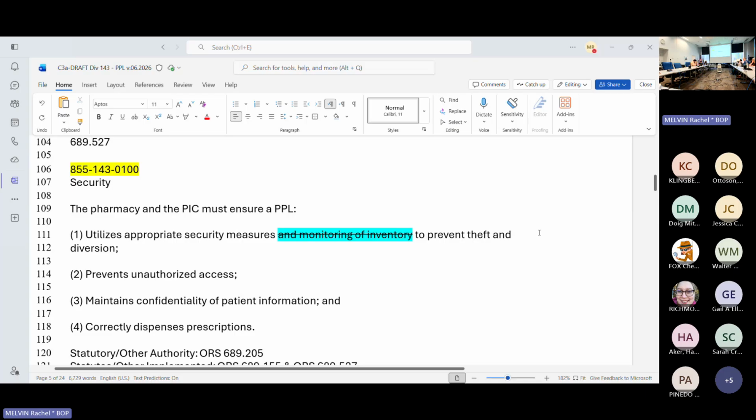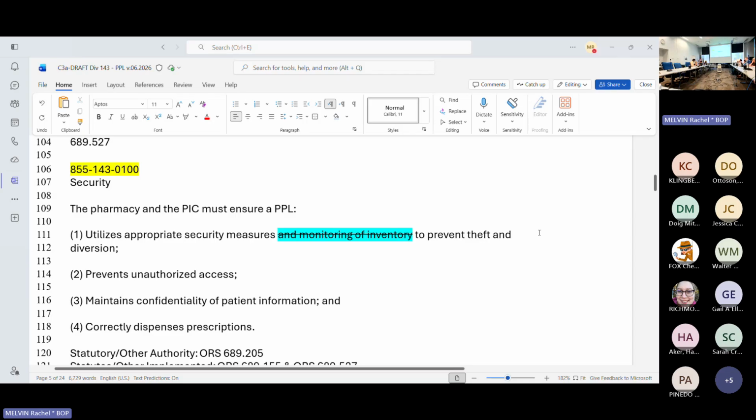I was looking at a different comment, which was good to fix, but now, are we confident what we mean by appropriate? The submitter's concern is that the PIC could do everything they could to secure it and could still be found at fault if something occurred that was outside of their control. So what do we consider appropriate, and is there another word? I'm not really a fan of standard precautions because that makes me think of OSHA.